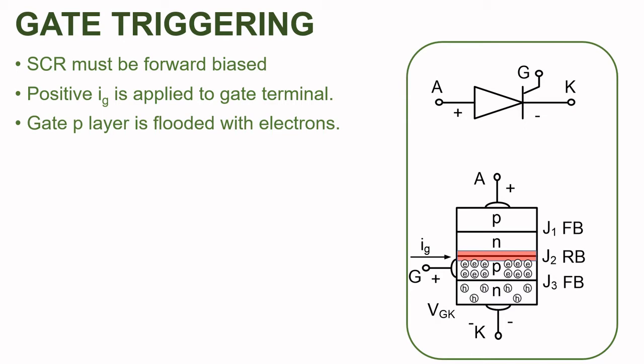As the gate P layer is lightly doped, not all the electrons will be able to recombine with the holes. Very few electrons will recombine with the holes. Thus, the gate P layer will be flooded with electrons.